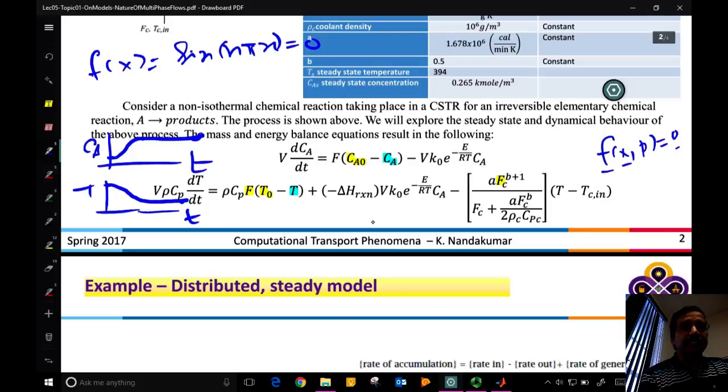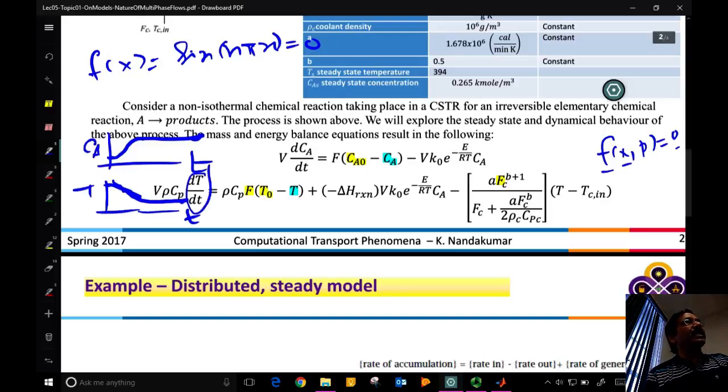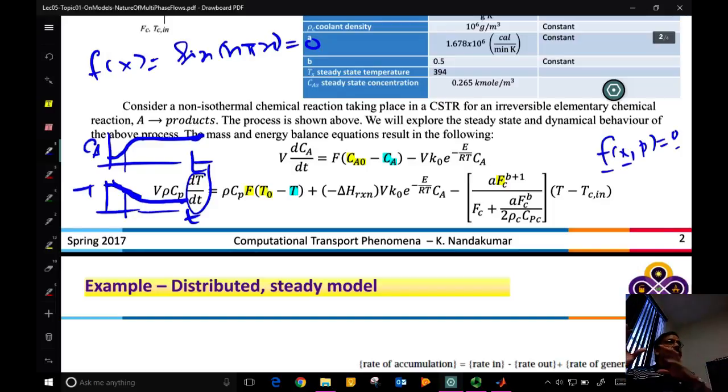What it means is if I take a point here and take the derivative dT/dt, plug it into the left-hand side, and plug everything else into the right-hand side at that temperature and at that concentration, that equation will be satisfied. It will not be equal to 0. The derivative dT/dt with respect to time will not be 0.